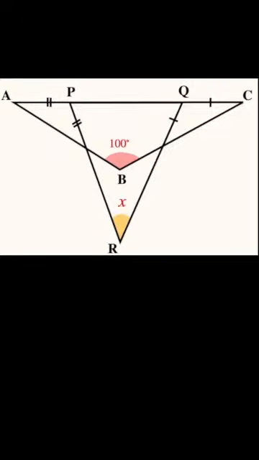40 plus 40 plus 260 plus x is equal to 360. Okay, 40. No, you can't get it as 40 because BA is not equal to BC. Don't assume that.